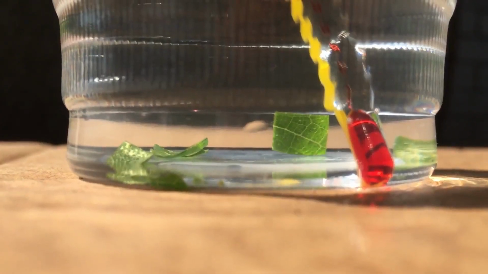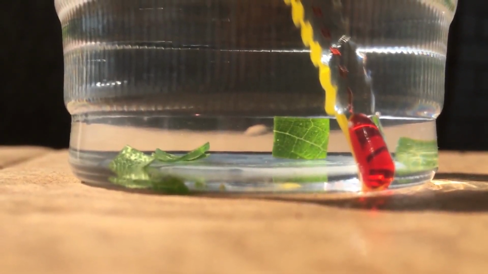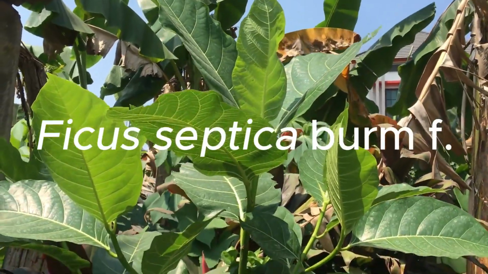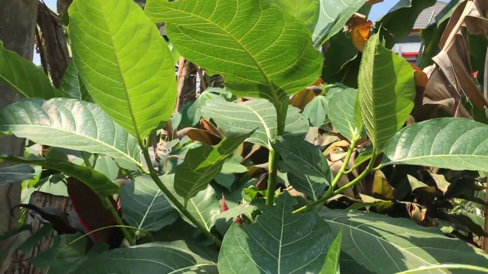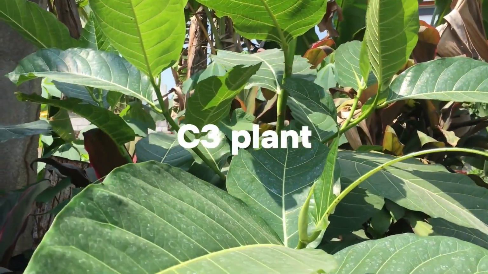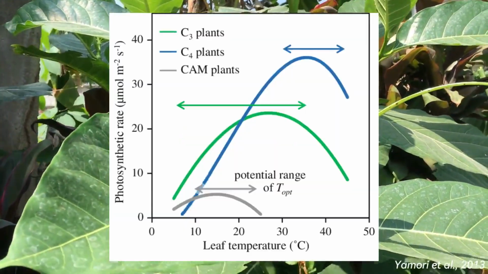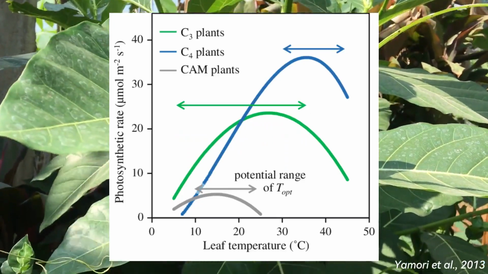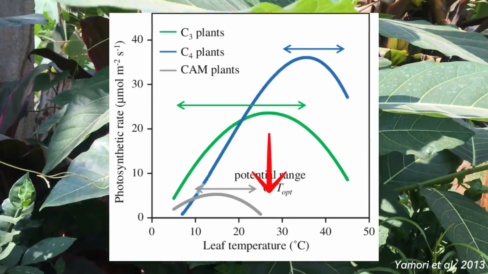The leaf that has been used comes from a tropical plant, Ficus septica Burm F. This plant is a type of C3 plant, which can be observed from this chart, having the highest rate of photosynthesis at around 25 degrees Celsius.